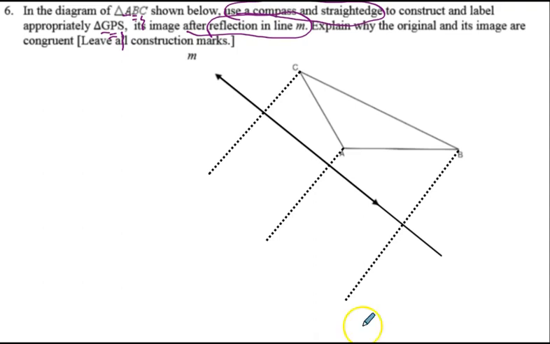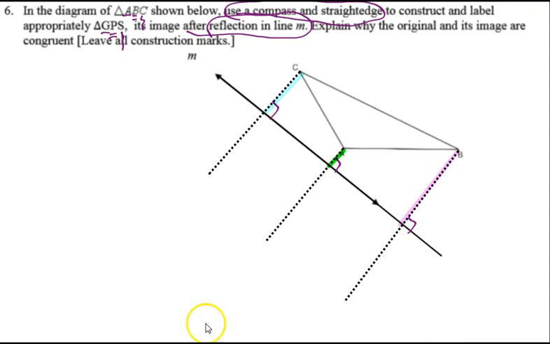I'll just reiterate the fact that this has to be perpendicular to the mirror itself. The lines of sight are perpendicular. And what we want to do is show that betweenness on the other side actually is the same as betweenness on the original.